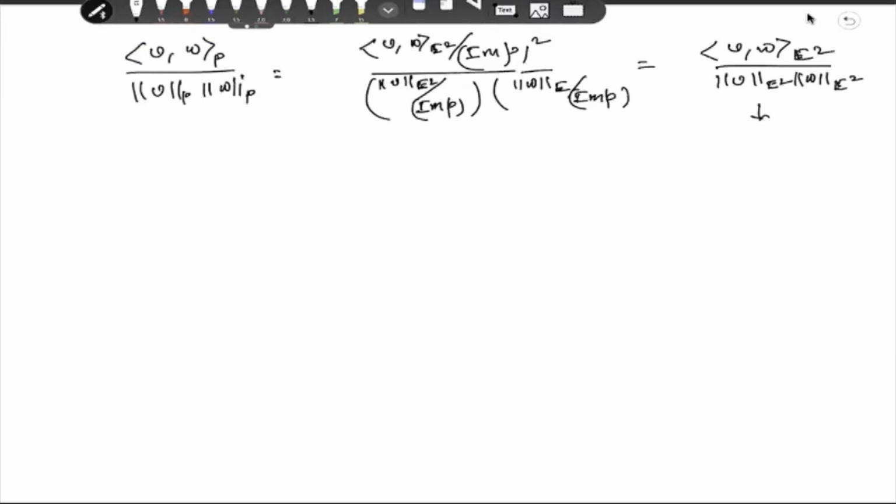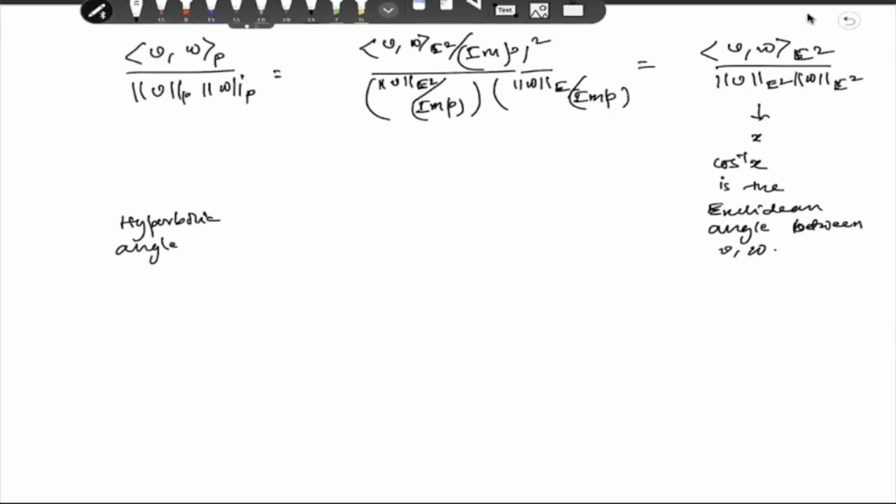If I take this to be X, then cos inverse X is the Euclidean angle between V and W. Because of this formula, we have proved that the hyperbolic angle between the vectors V and W is the same as the Euclidean angle.